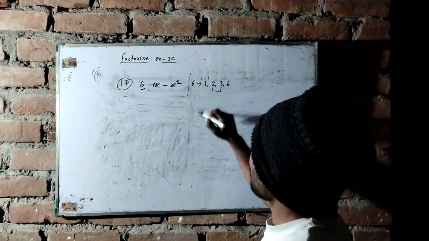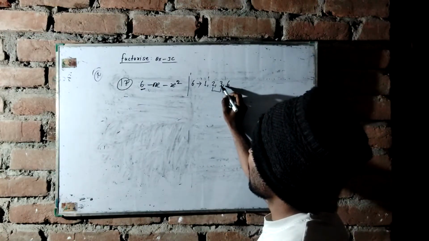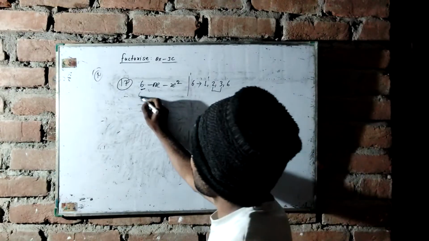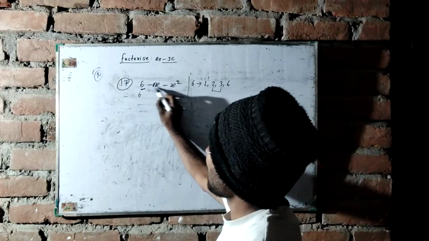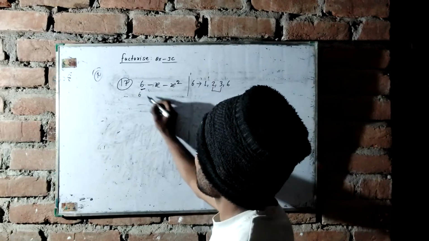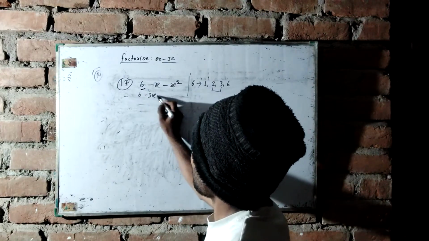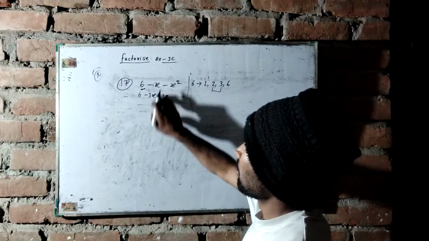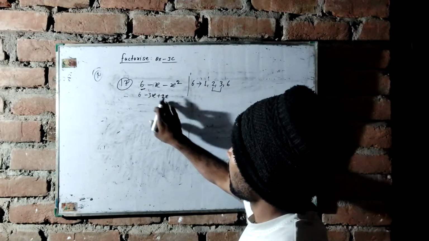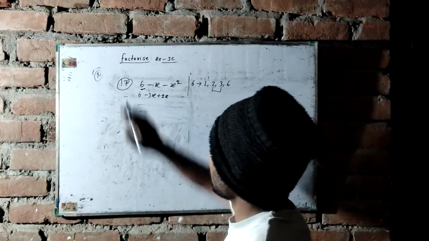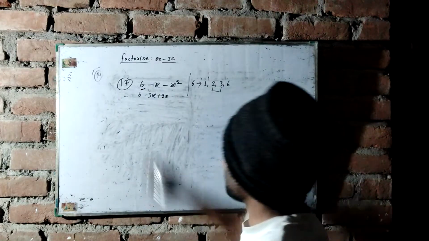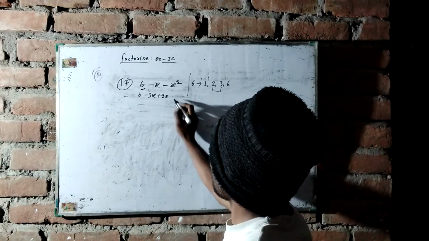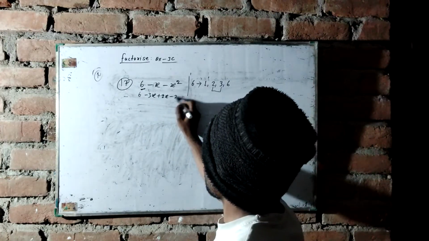You can consider 3 with a minus sign. So we can write 6 minus x as minus 3x plus 2x, because their sum will be minus x and their product will be minus 6, minus x squared.